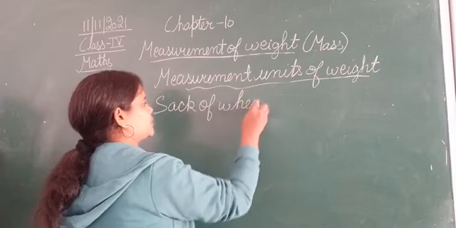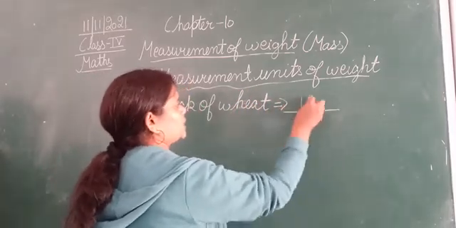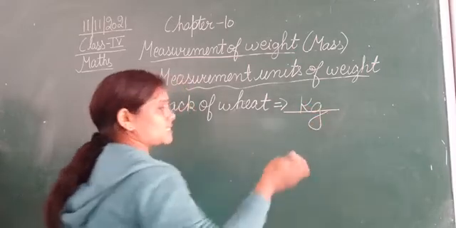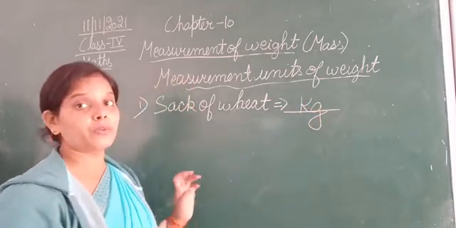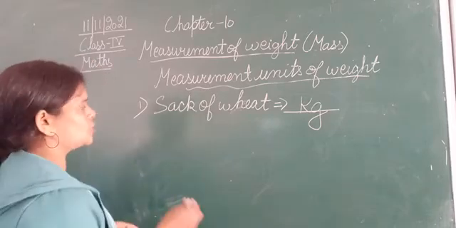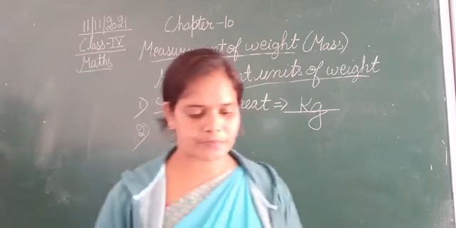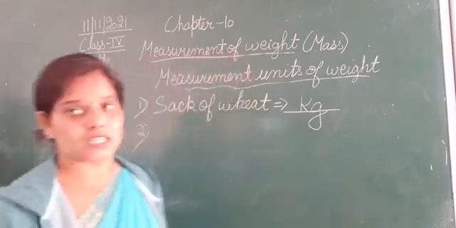If you have to measure a sack of wheat, you have to measure it in kg, because a sack, गेहूं की भरी bori, obviously will be heavy, so we will measure it in kg or kilograms.